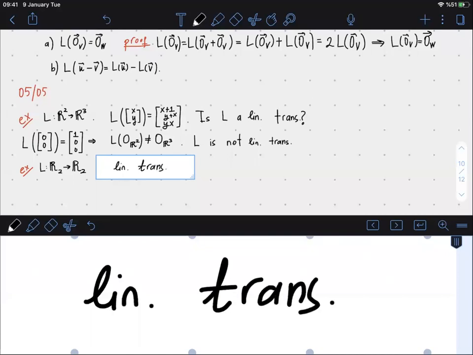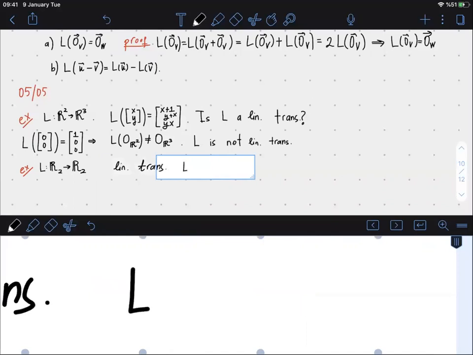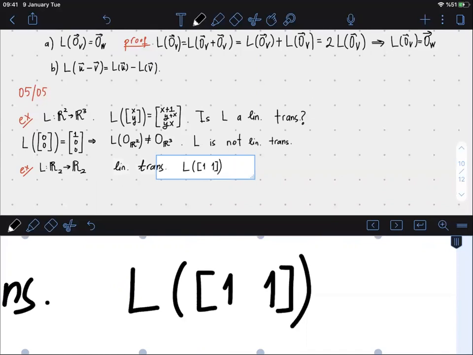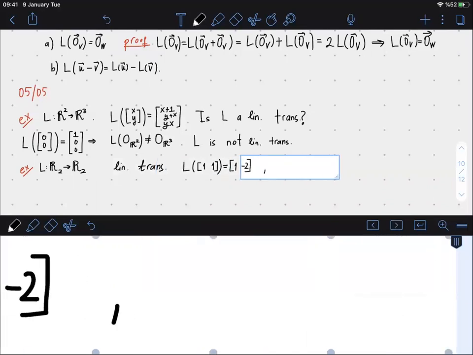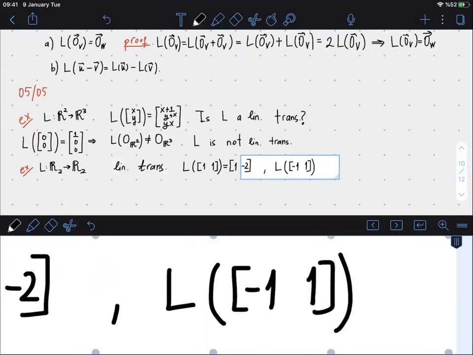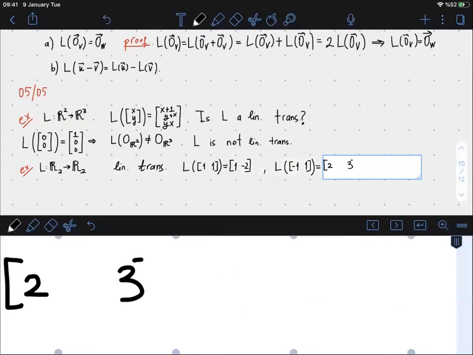Moreover, suppose that we know L of (1, 1) equals (1, minus 2), and L of (minus 1, 1) equals (2, 3).